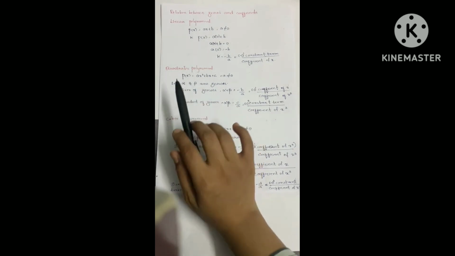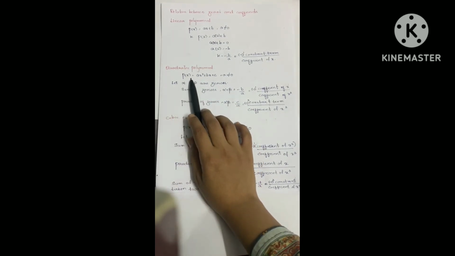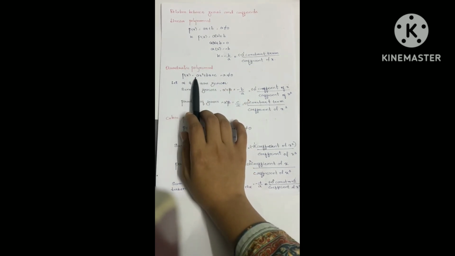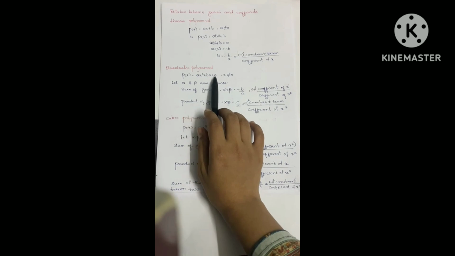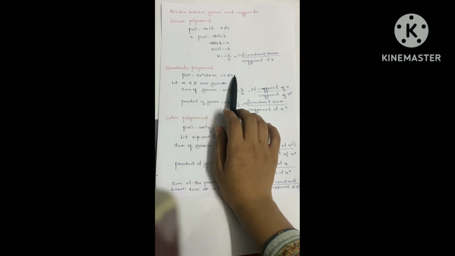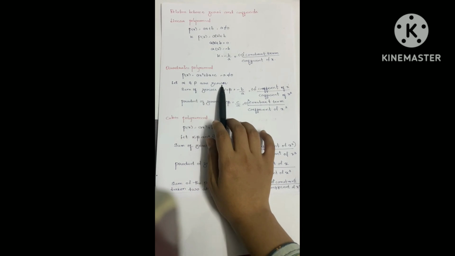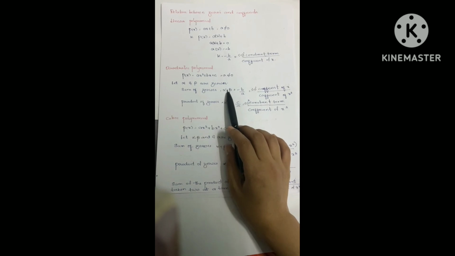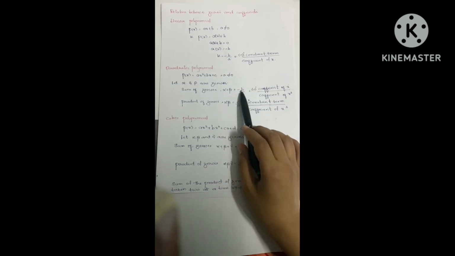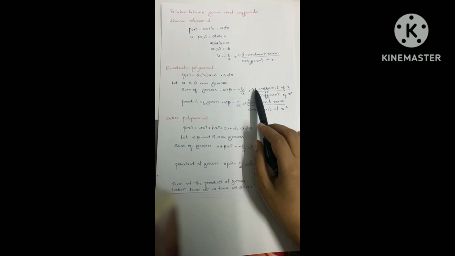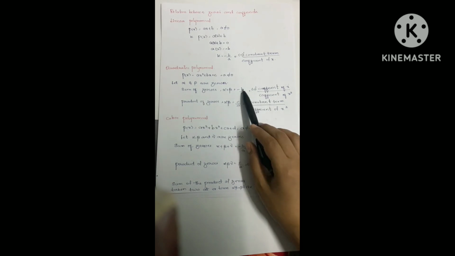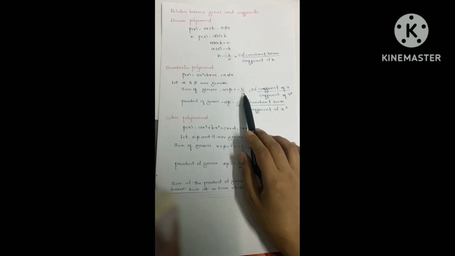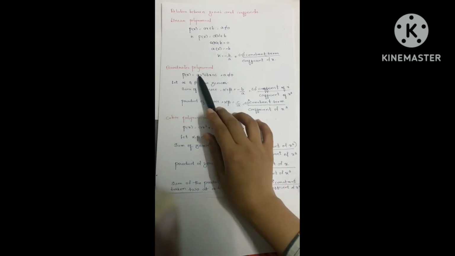Next is the quadratic polynomial. Now the standard form of the quadratic polynomial is given by p of x is equal to ax square plus bx plus c, where a is not equal to 0. Let alpha and beta be the zeros of the polynomial. Then the sum of zeros, that is alpha plus beta, is equal to minus b by a, which is equal to minus 1 to the power of 1, times b, the coefficient of x, divided by a, the coefficient of x square.